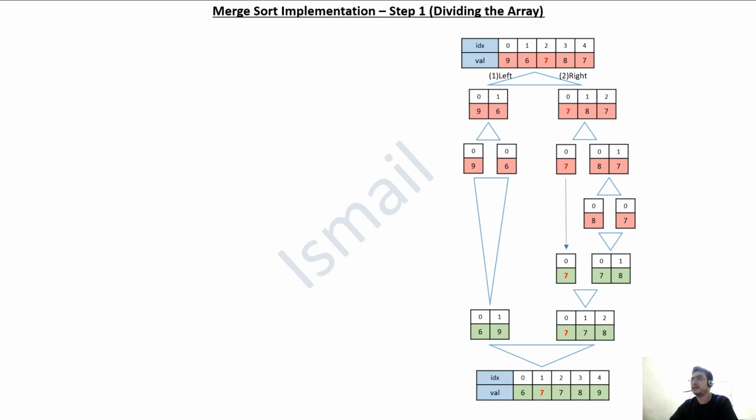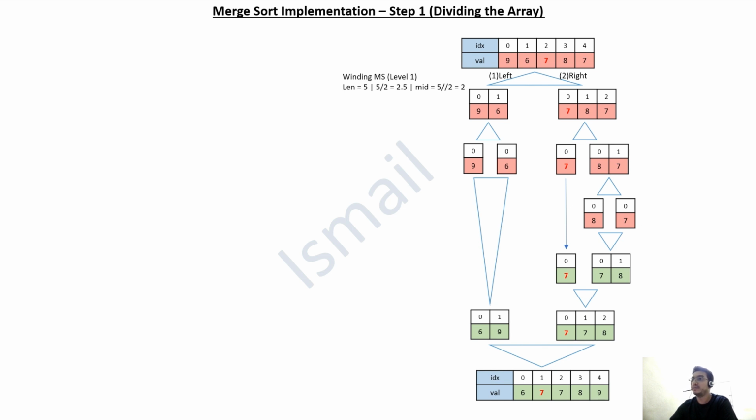First, let me explain how the mid index is calculated to split the array. At each level, find the length of the array and divide it by 2. Take only the integer value. Example, for an array of length 5, when you divide it by 2, the result is 2.5. So we take 2.